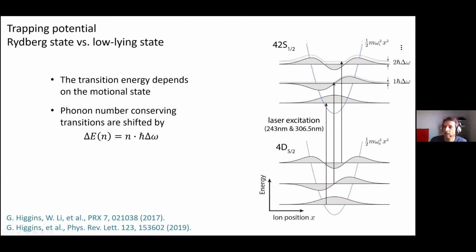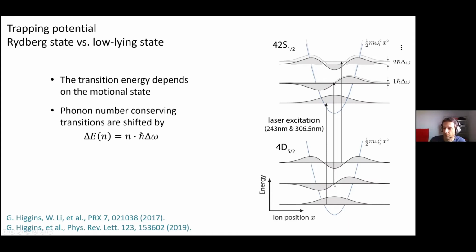Okay, so what does this mean for the spectroscopy? If you have different phonon number states in the ground state, for instance if you start in a 0 phonon number state and go to a 0 phonon number state in the Rydberg state, you will have one frequency.